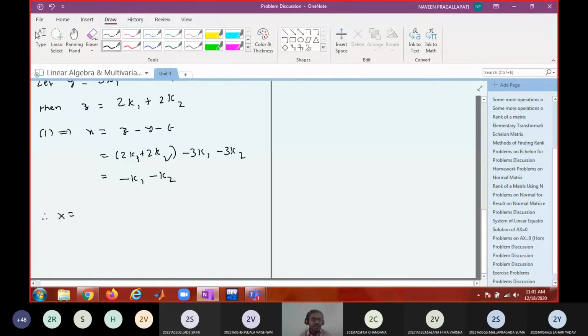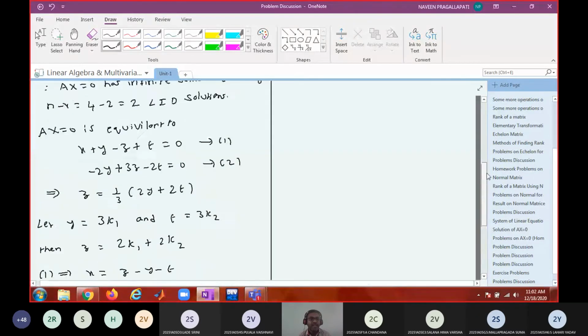Therefore, x equal to, how many variables are there? 4 variables: x, y, z, t. x is minus k1 minus k2, y is 3k1, z is 2k1 plus 2k2, t is 3k2.